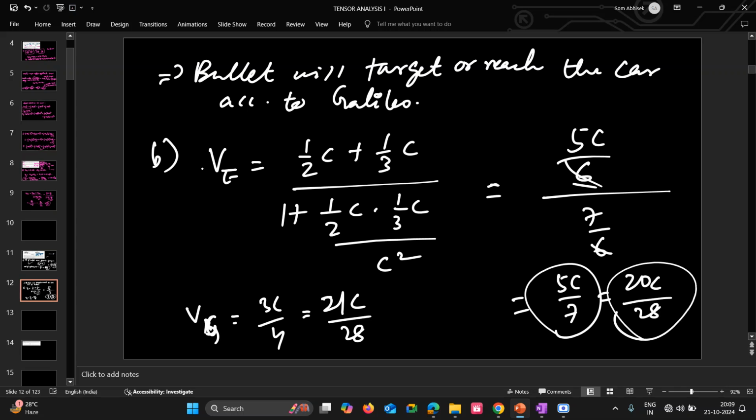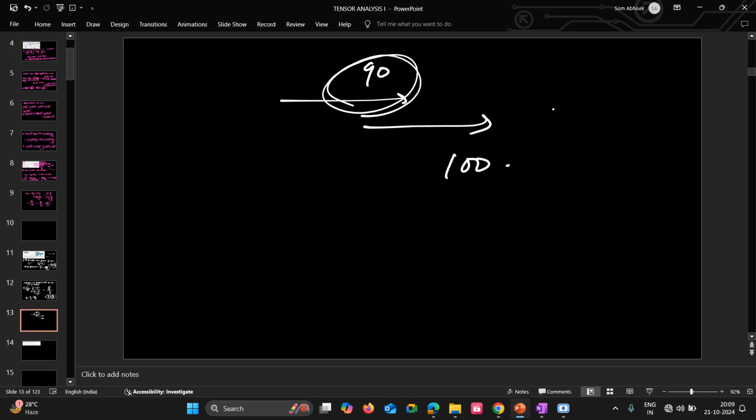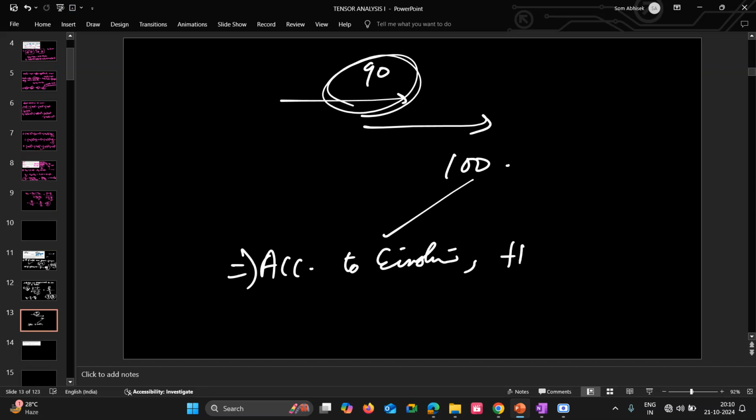So the velocity of the bullet here is less than the velocity of the car. Suppose the car is 100 kilometers per hour and the bullet is 90. Then the bullet won't be able to cross or reach the car, because the car is faster than it. So according to Einstein, the bullet does not reach the car.